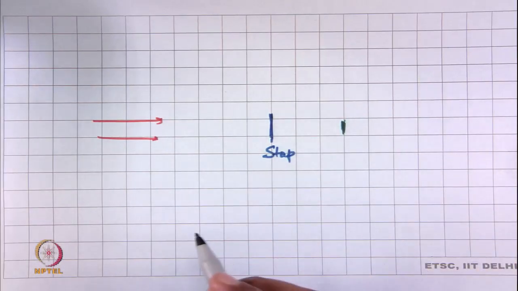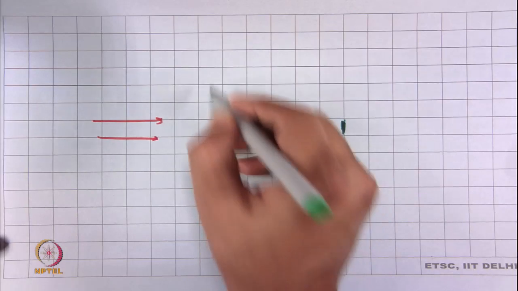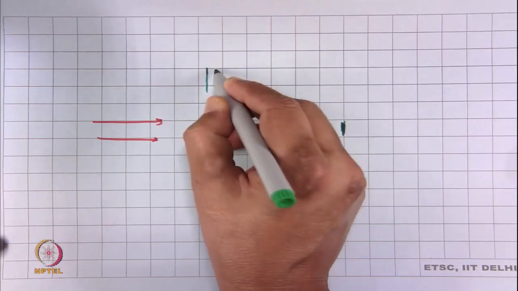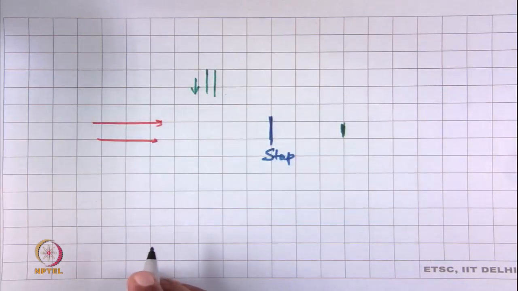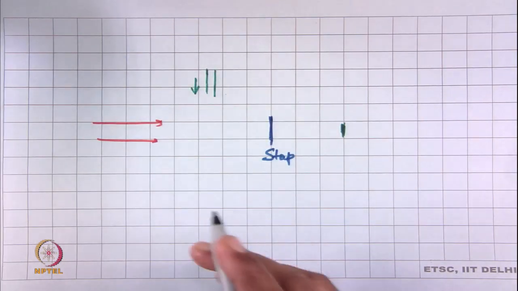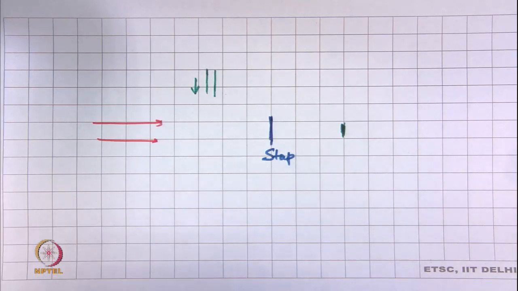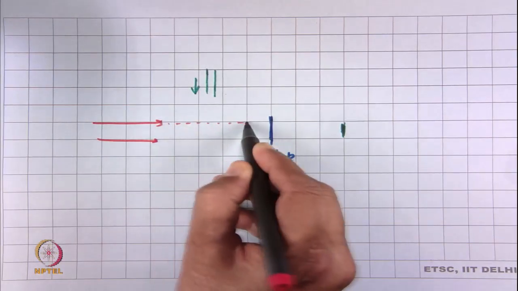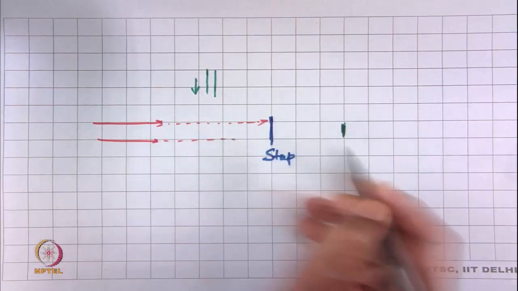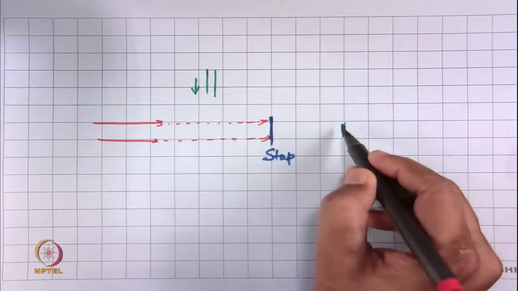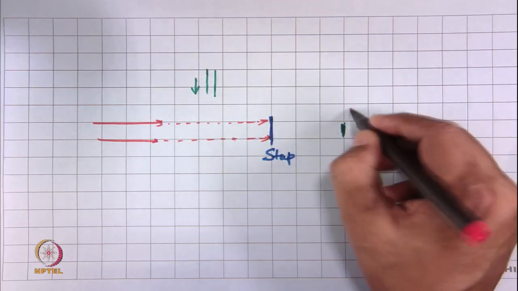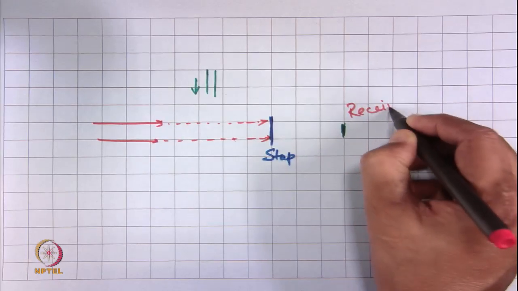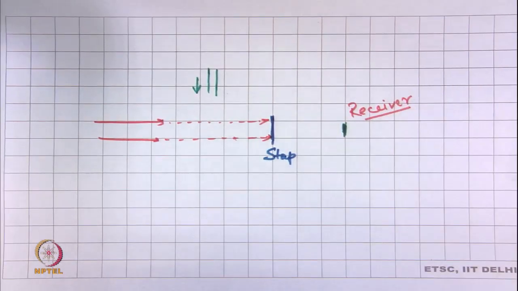In the normal case, the yarn passes through this point, this is the yarn path. Suppose there is no yarn, in that case the light will be projected directly on this stop, and the light will never reach the receiver. This stop will actually stop the light.